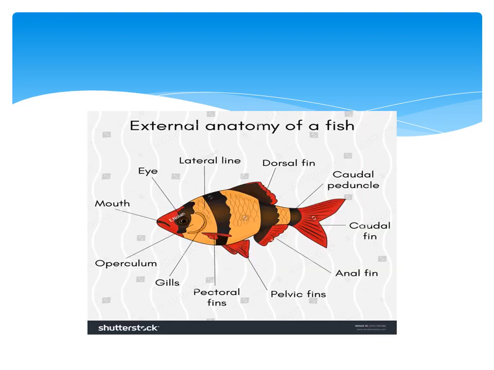Candidates, I want you to have a look at the external anatomy of a fish.